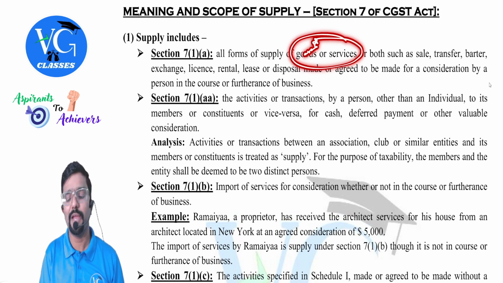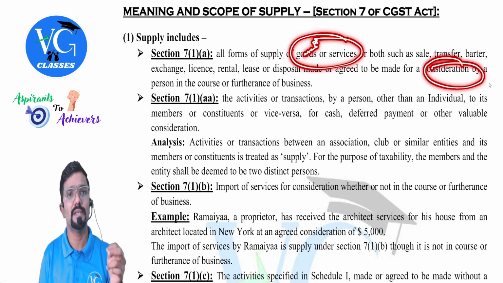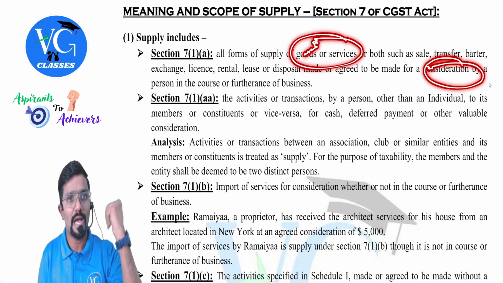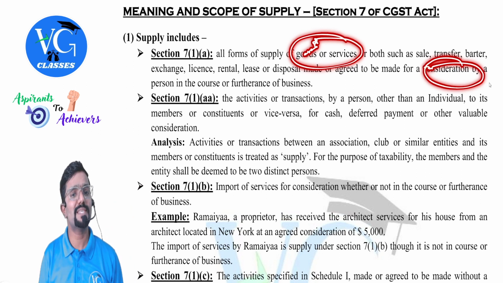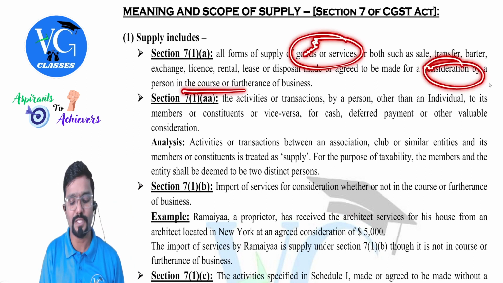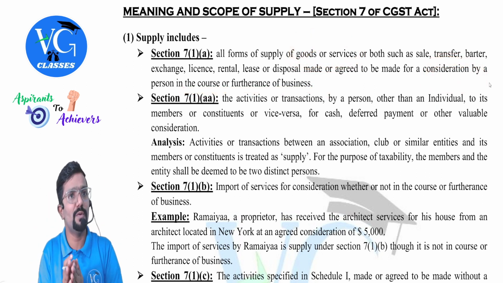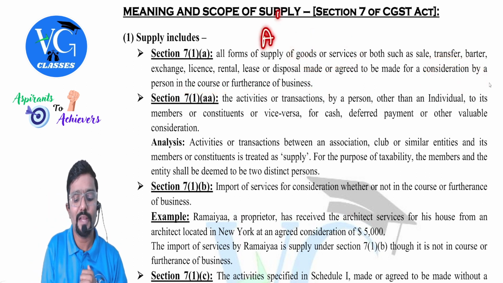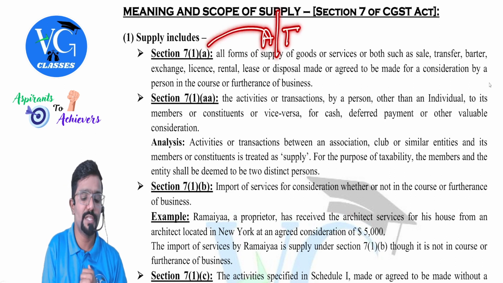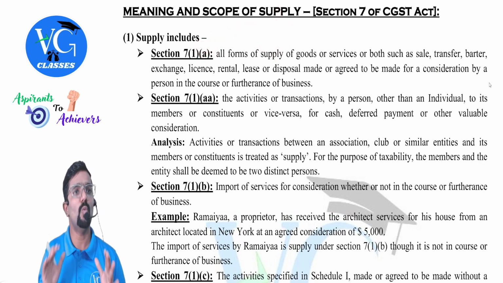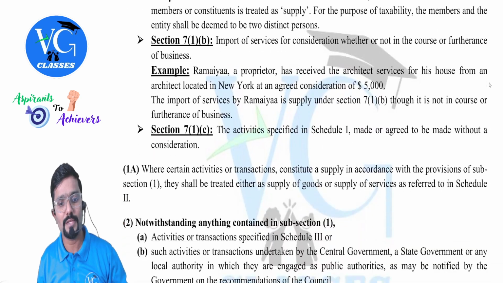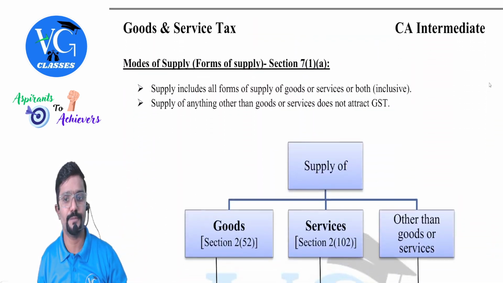Made or agreed to be made for what? Consideration. Meaning there should be a consideration from the other party, by a person in the course or furtherance of business. All these points are important, guys. Only if all these conditions are satisfied can I tell whether an activity or a transaction is supply as per section 7.1a.